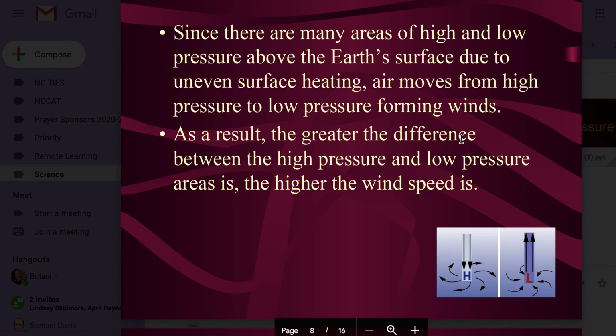There are many areas of high and low pressure on the Earth's surface, like we talked about, because of uneven heating, right? The sun is putting out heat on the Earth, but it's not doing it the same all over the Earth. We're not all feeling the same amount of sun everywhere. So since it's heated unevenly, that air is moving around.